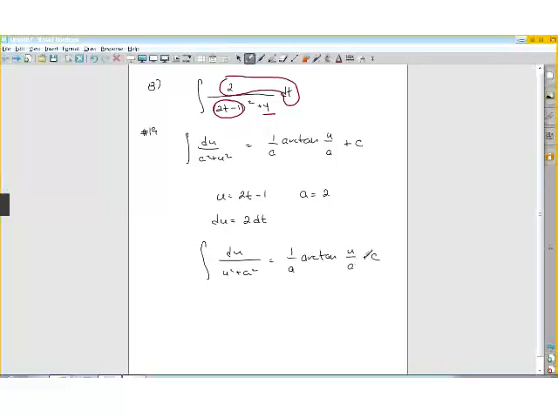And then the final step is to substitute back in for u in terms of what we decided u would be, and a. So we get 1/2 the arctangent of (2t minus 1) over 2, plus c. So that's the final answer.